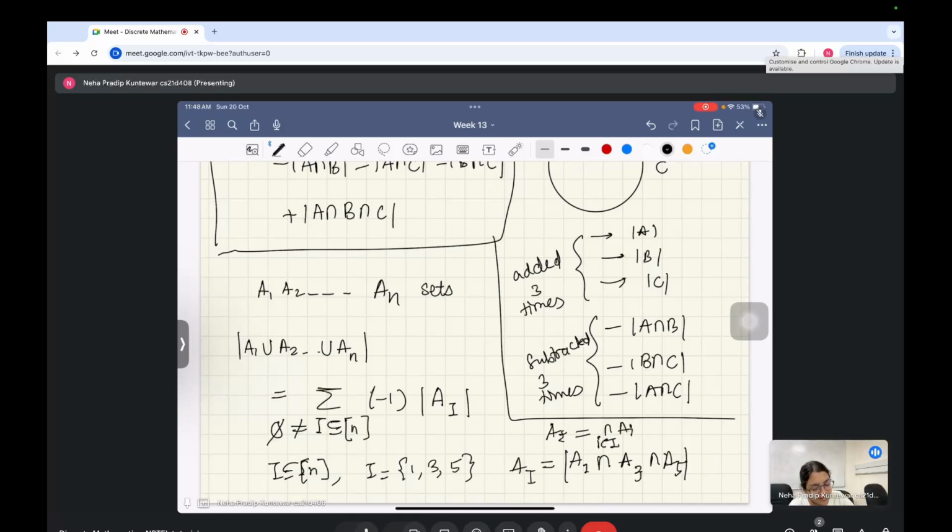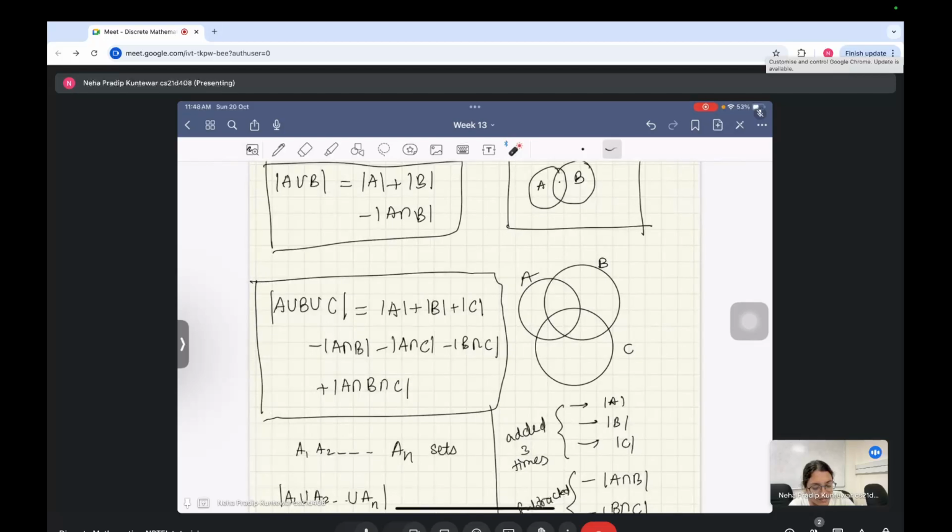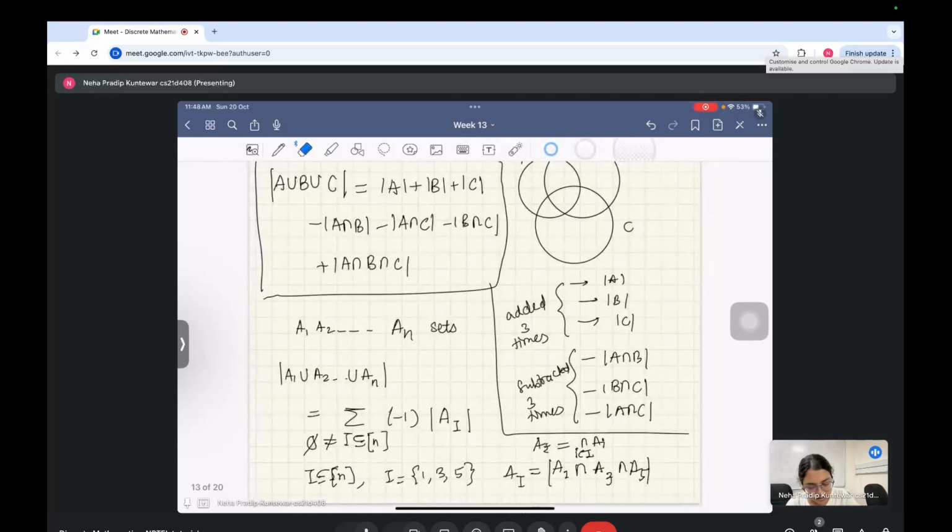And notice that this is basically taking care of whether I should be looking at a single set, or whether I should be looking at two intersections, or three intersections, and more complex. And the minus sign here tells you whether you should be adding the quantity or subtracting the quantity.